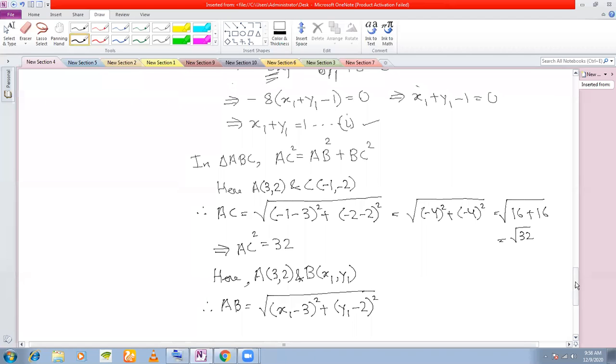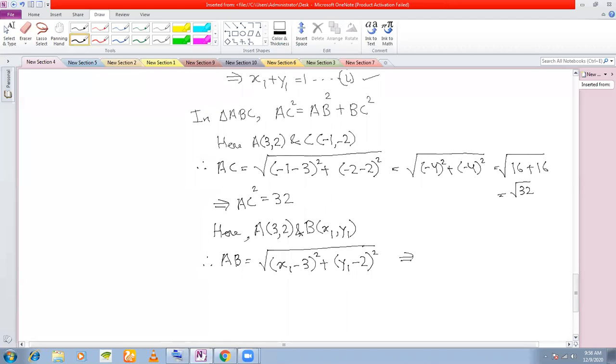This is your AB. That means AB square is x1 minus 3 square plus y1 minus 2 square. Squaring both sides, this is what you will get.